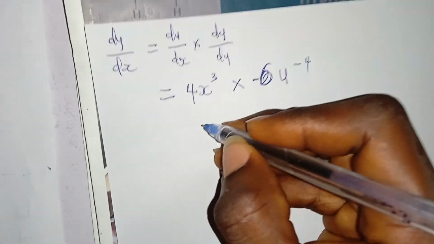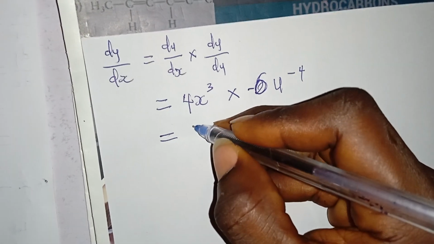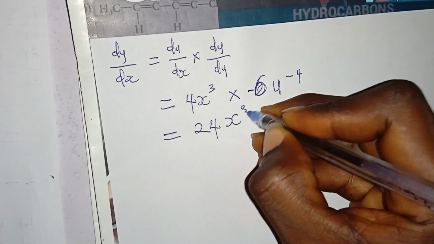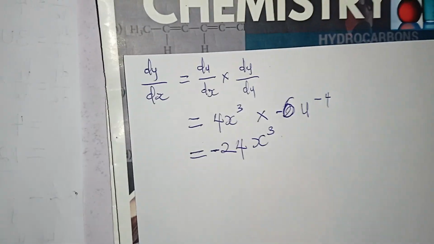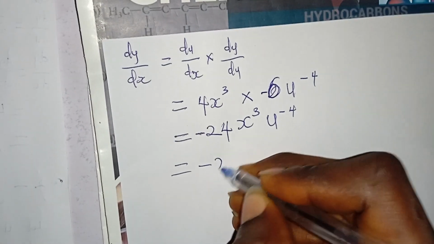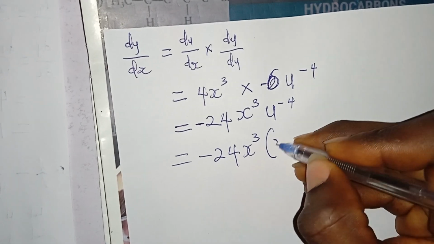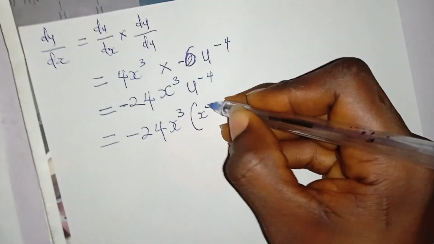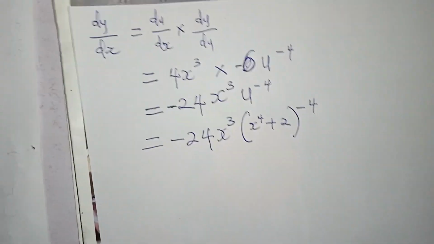When I multiply this, I'm simply going to have that this is the same thing as 4 times 6 is 24x cubed, and it is negative, then u raised to the power minus 4. So this is the same thing as minus 24x cubed. Remember that we said let u be x raised to the power 4 plus 2. Then all to the minus 4.